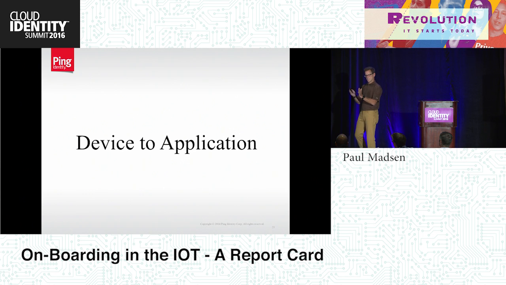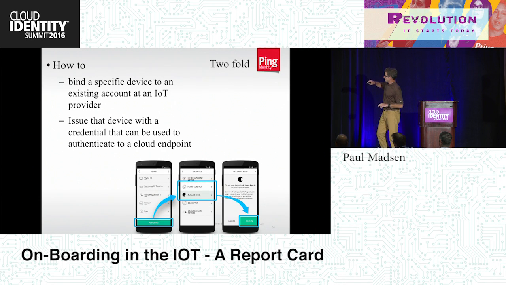There's two identities that we need to reconcile and bind. So that's the challenge, right? We need to bind these two identities and again, appropriately constrain permissions so that that Nest, or more generally that device, can do the appropriate things that I define.